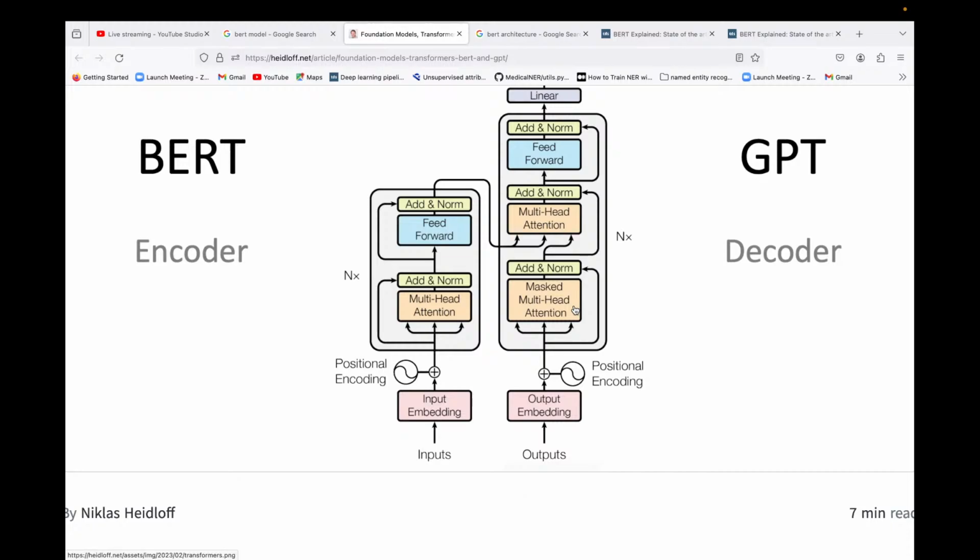As I have already said, in the decoder model they see the context from left to right before predicting the word. So the remaining part is that they have given the masked multi-head attention. And in the encoder-decoder model, what happens?